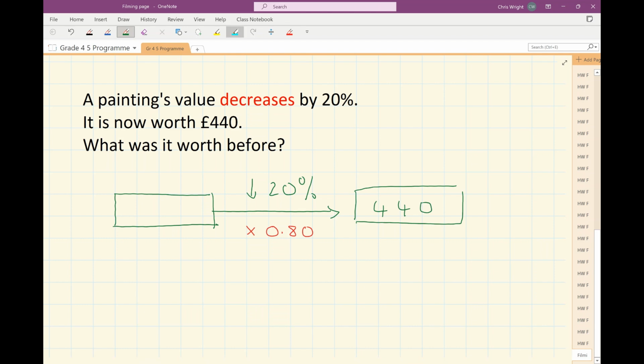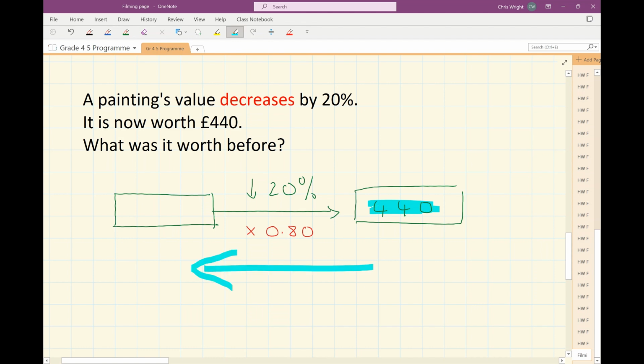So what about if we're going backwards? What about if we start with the 440 and we go backwards? Well, instead of multiplying by 0.8, we're going to divide by 0.8. So to get the original value we do 440 divided by 0.8.